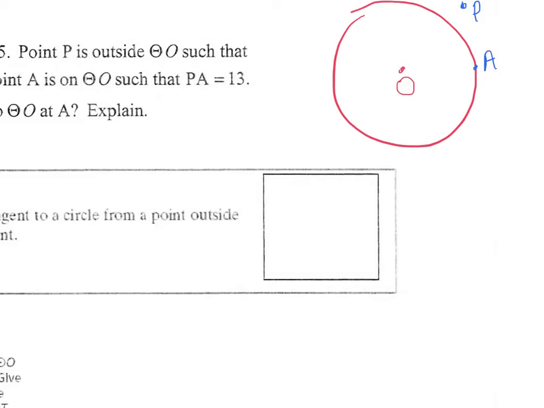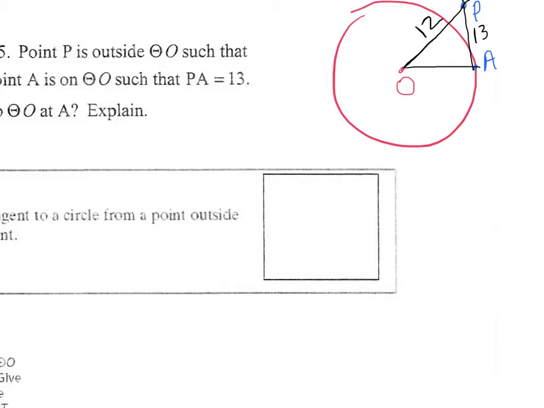And you know that from P to O is 12. So if I label that, this is 12, and you know that P to A is 13, and you know that if PA is a tangent, then you're going to have 90 degrees, because that's what the theorem says.